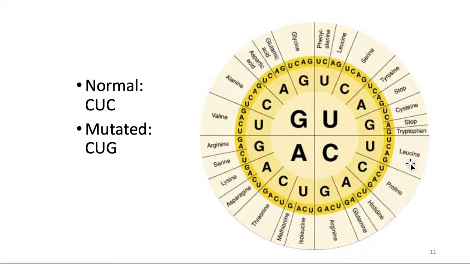Now the mutated sequence is CUG. That also codes for leucine. So there's a redundancy in the genetic code where you make a mistake and it might not actually matter. All right, so for organisms, the amount of mutations that occur are actually very rare and very infrequent.